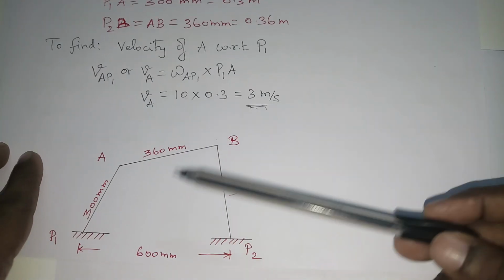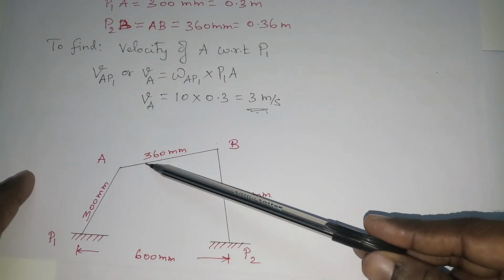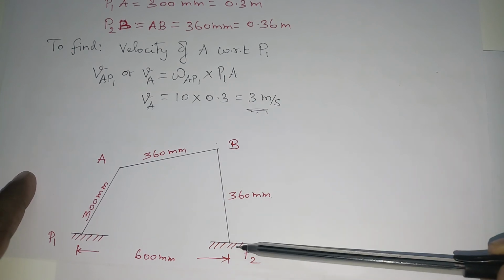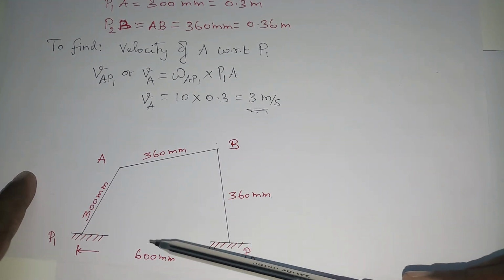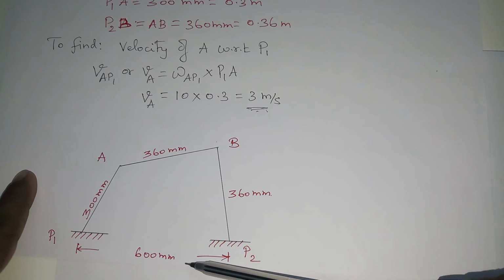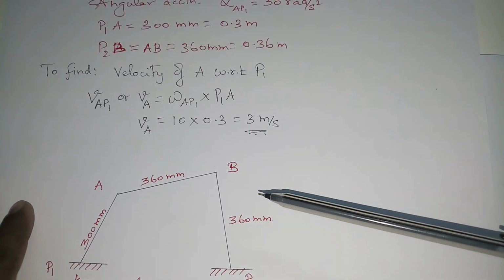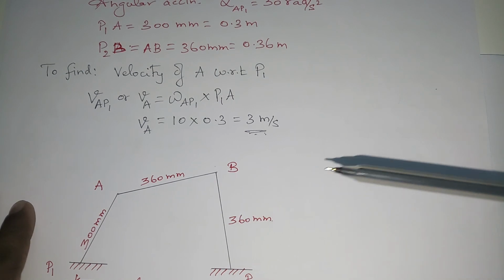P1A is 300 mm, A to B is 360, B to P2 is 360 mm, and the fixed link is 600 mm. All the lengths are in mm. While solving you have to convert them into meters.